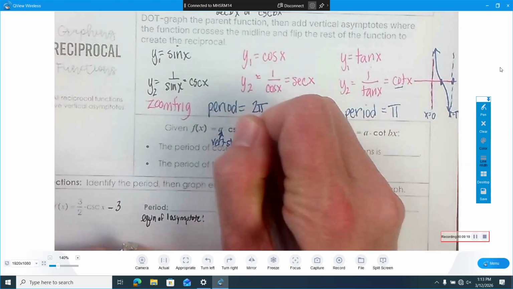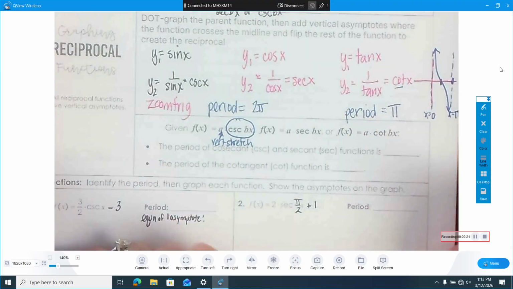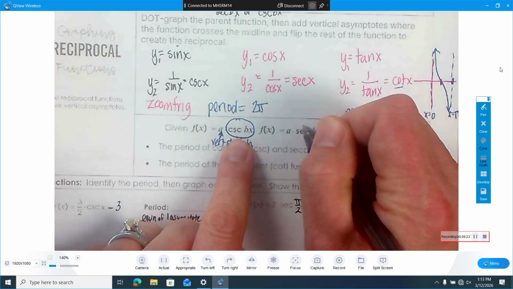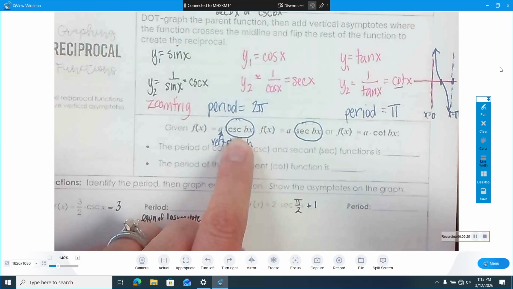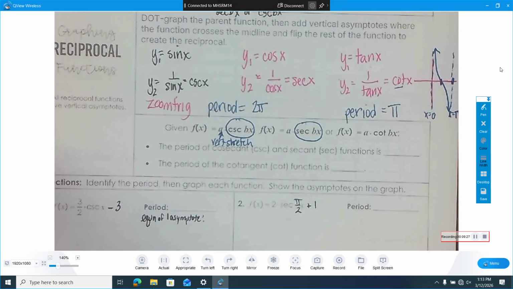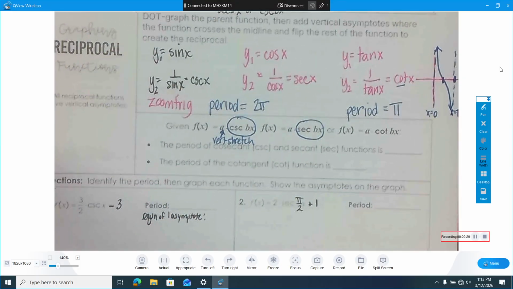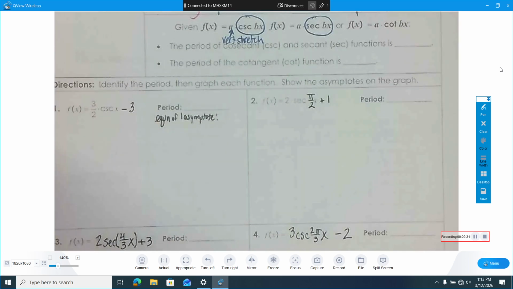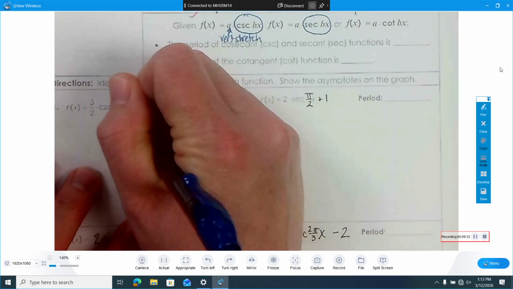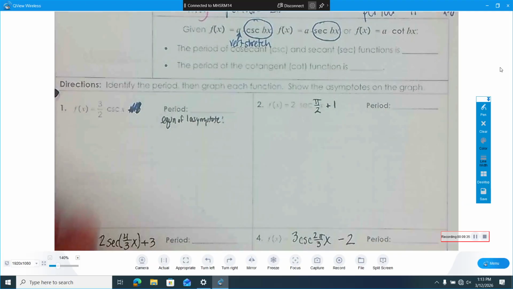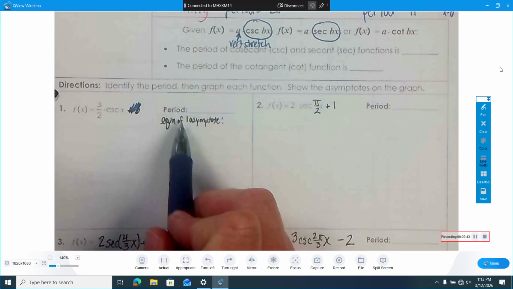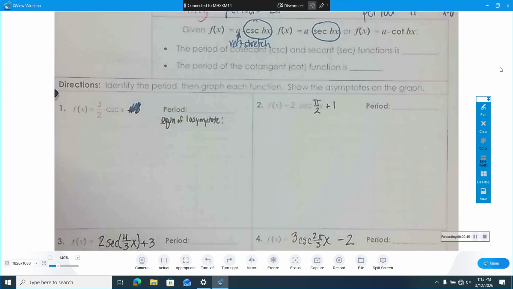So we're actually just going to worry about our sort of parent function here, the period change, okay? So to get started on this one, I'm going to go ahead and get rid of that -3. So this first one here, f of x equals 3 over 2 cosecant of x. In Delta Math, it's going to ask two things. It wants to know the period and the equation of the first asymptote.